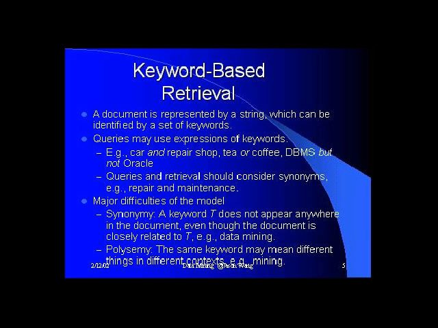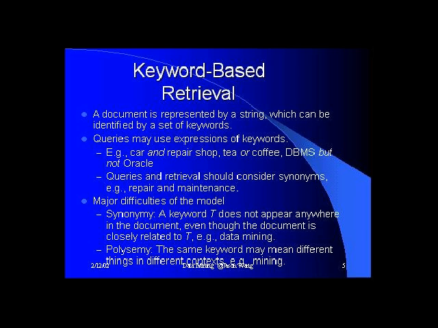But unfortunately, if you use a keyword-based system, you submit knowledge discovery, and it doesn't match data mining precisely. They spell very differently. Then the keyword-based system cannot retrieve that document, even though they are relevant. So the keyword-based system has difficulties in dealing with synonyms.